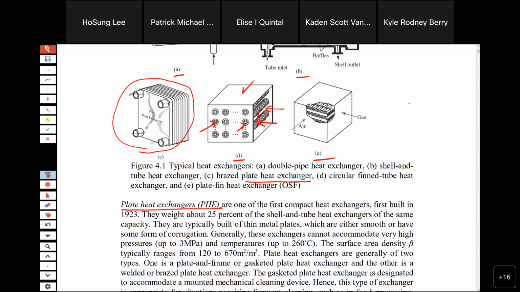Otherwise, if it is not offset, the air goes out. Is it mixed or unmixed? If there is no offset, that's unmixed. If this is offset a little bit, but still it follows like that, mixed or unmixed?